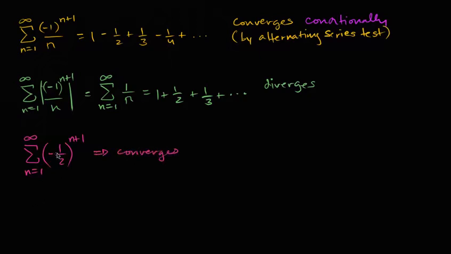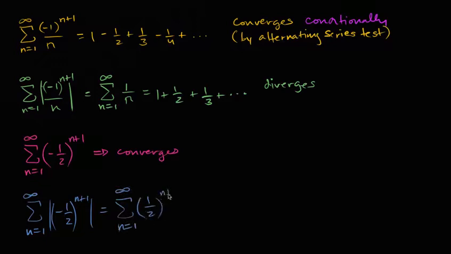And if we were to take the absolute value of each of these terms, let me do that in a different color just to mix things up a little bit. If you were to take the absolute value of negative 1/2 to the n plus 1 power, this is going to be the same thing as the sum from n equals 1 to infinity of 1/2 to the n plus 1.